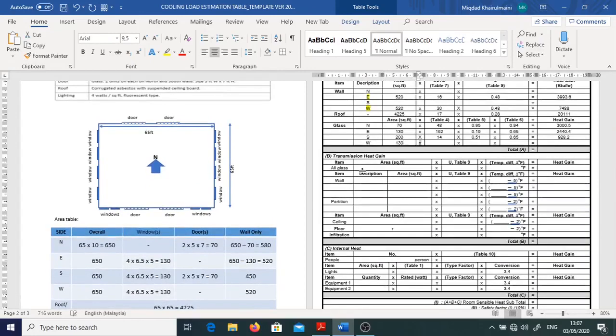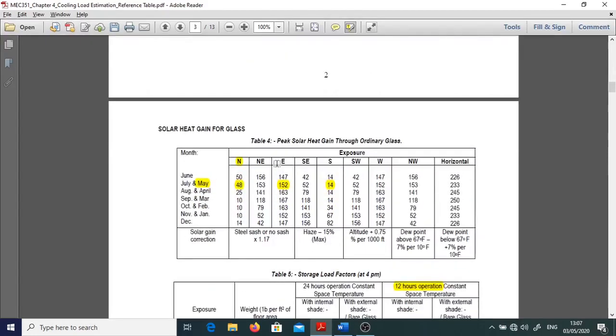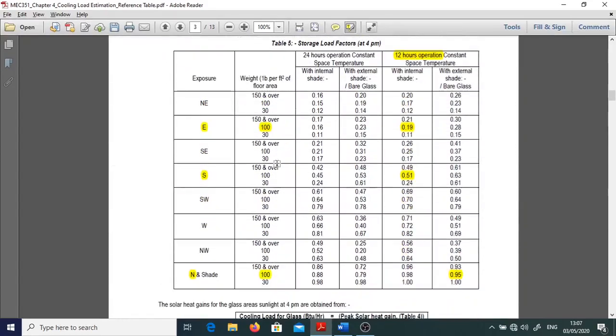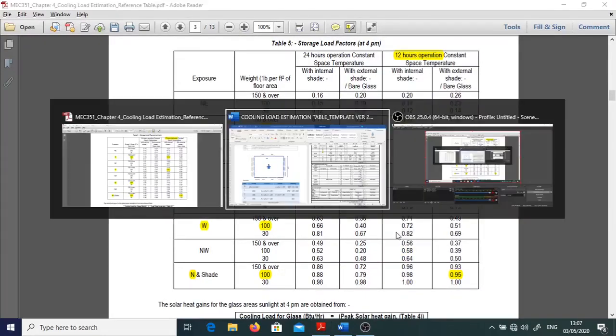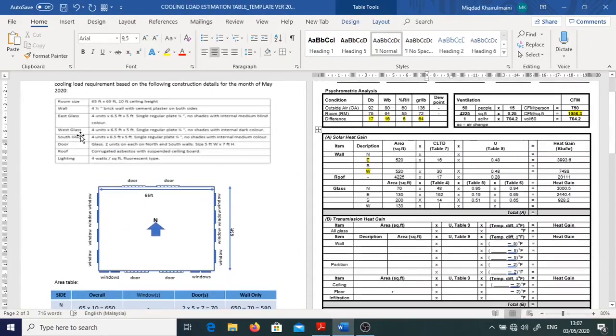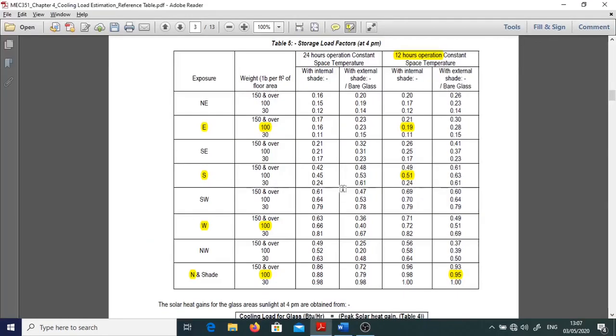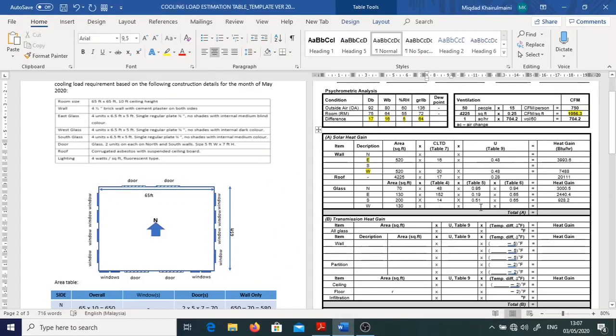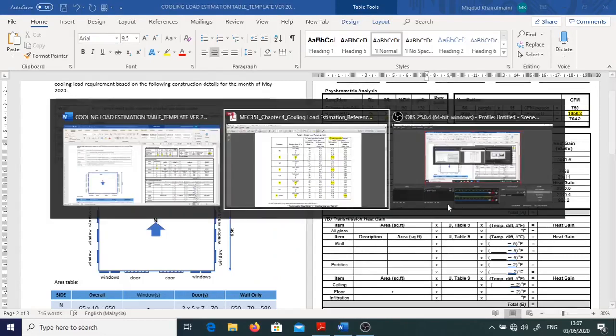So for the west we have glass, windows 130, times with the solar heat gain factor, table 4 here, sorry. So on the west, 100. On the west there is an internal shade but dark color. So dark color, so internal shade here is 0.72. So here just now, sorry, we have to look at table 4 first.